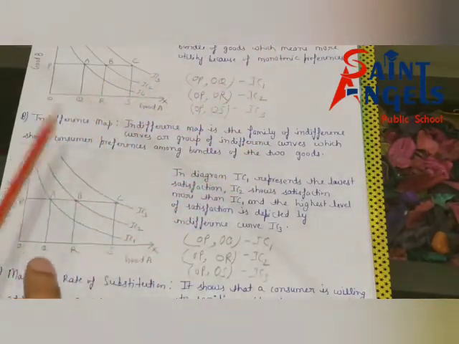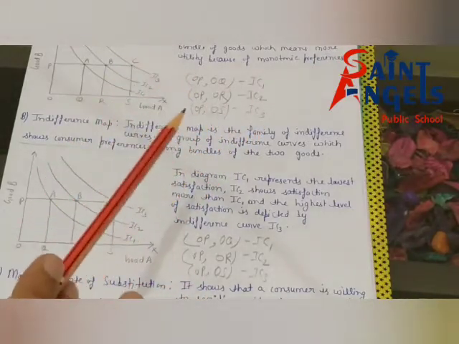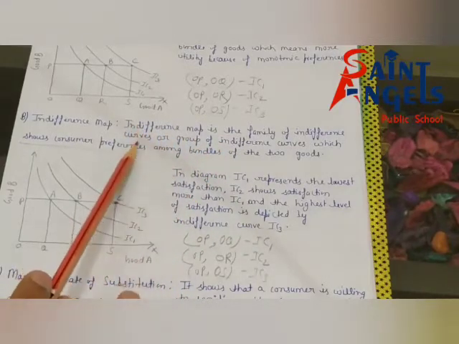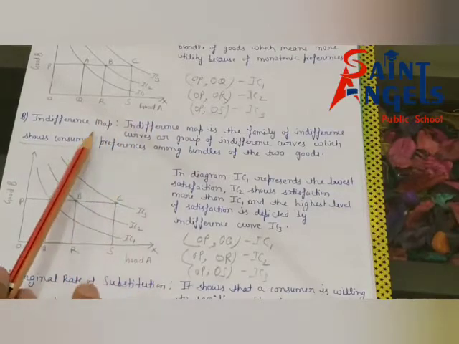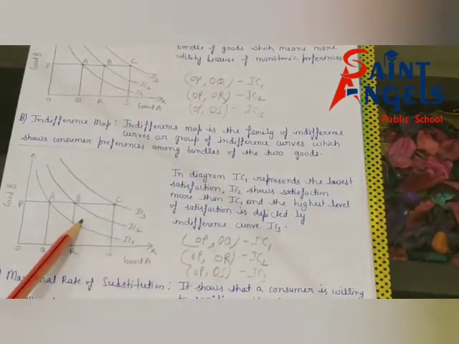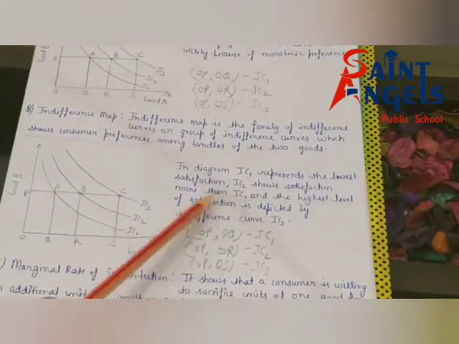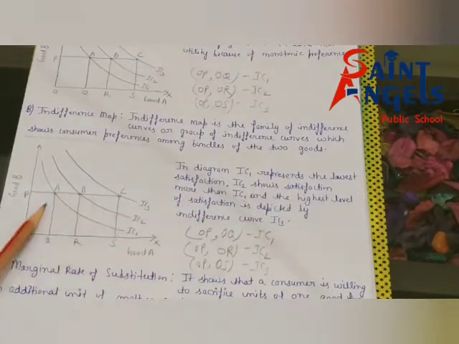First, define indifference map, and second, why does a higher IC give a higher level of satisfaction. So for the first part you will write the definition of indifference map, and for the second part you will show this diagram, and then explain this diagram, means you will write this statement for the explanation of this diagram.